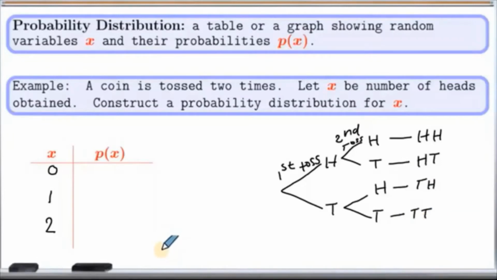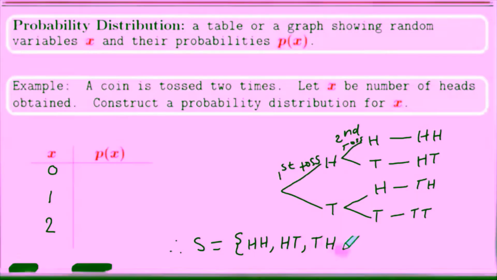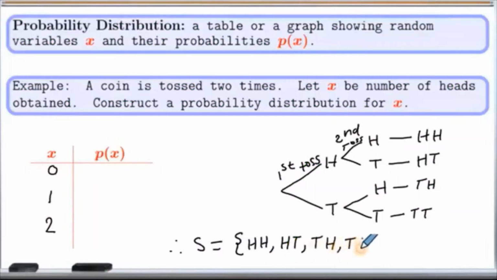So therefore, our sample space is, let me just copy those outcomes here. Head, head, head, tail, tail, head, and tail, tail.